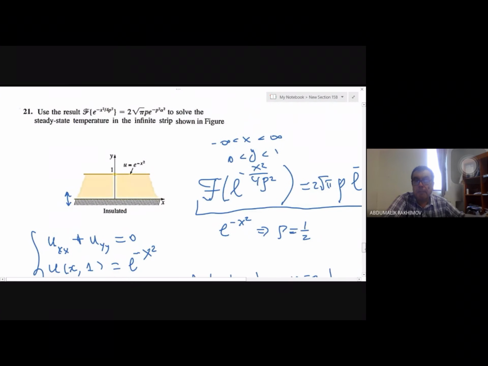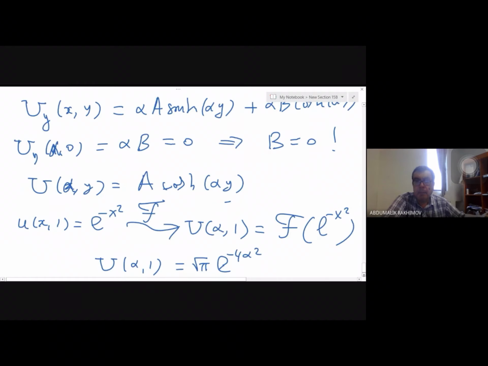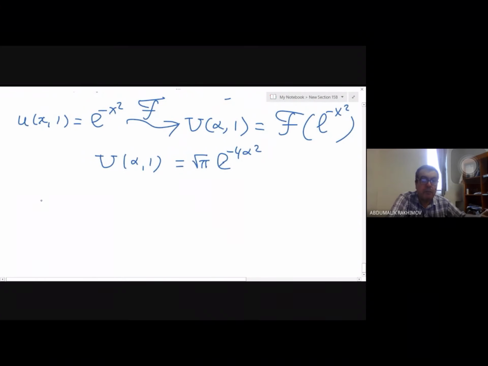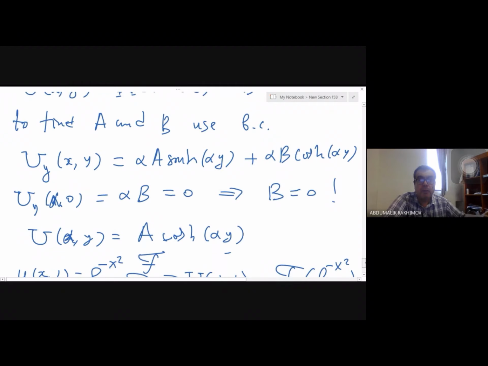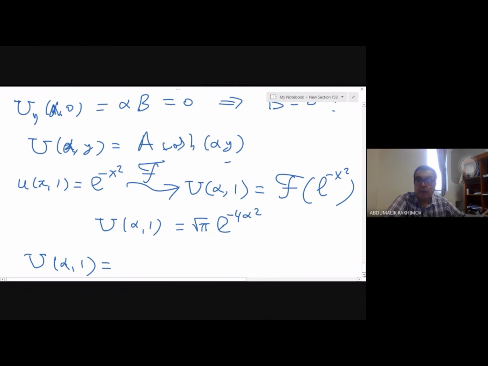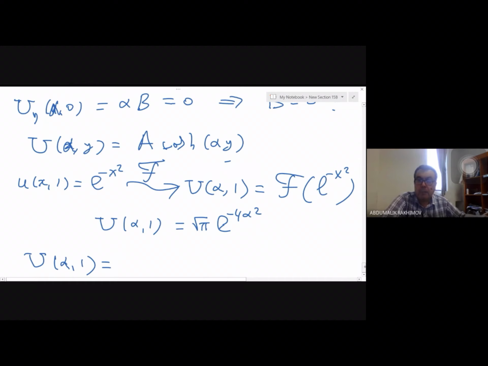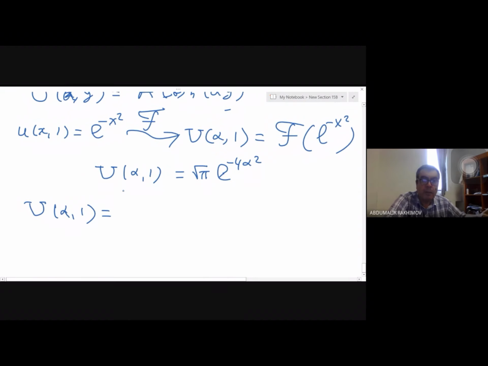Then we can find A. U(alpha,1) is A times cosine hyperbolic alpha.